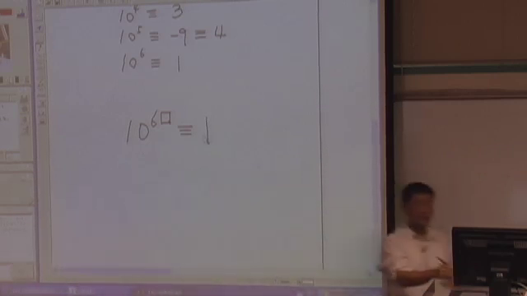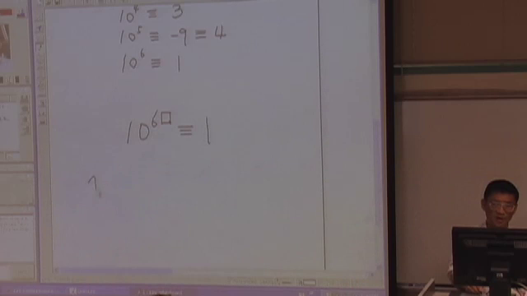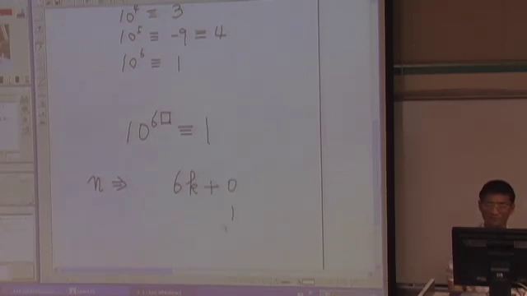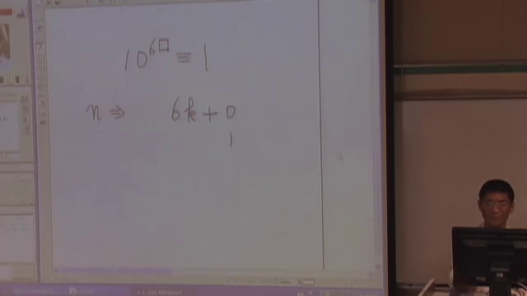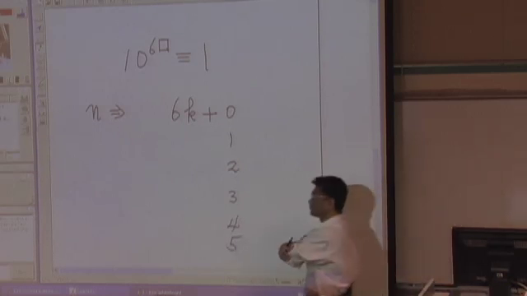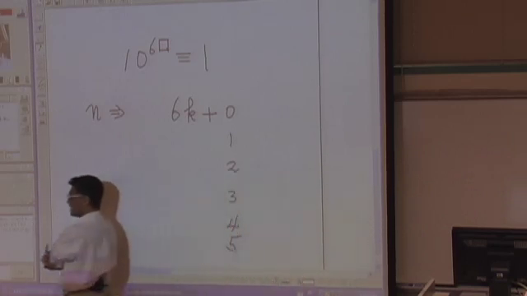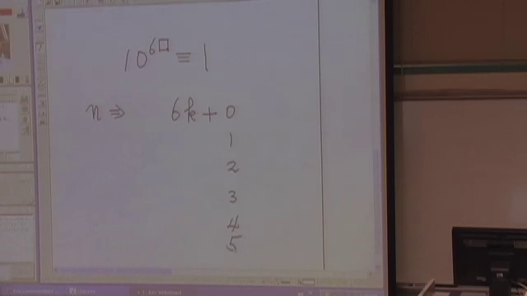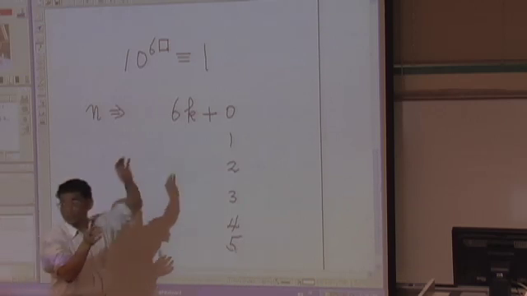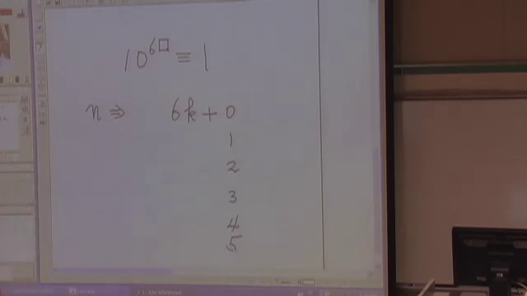The division algorithm says any number n can be decomposed into 6 times k plus 0, 1, 2, 3, 4, 5. If you don't understand, ask me why we are doing this. Because 10 to the power of 6 is congruent to 1. In other words, the 6k part can be completely removed because it is congruent to 1.